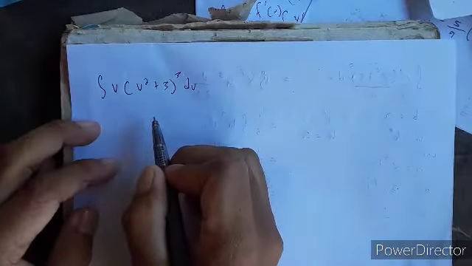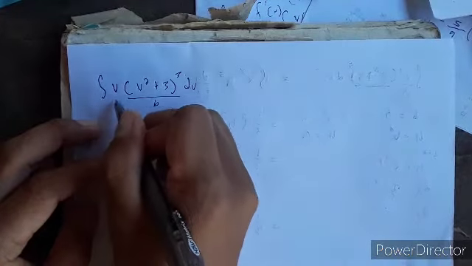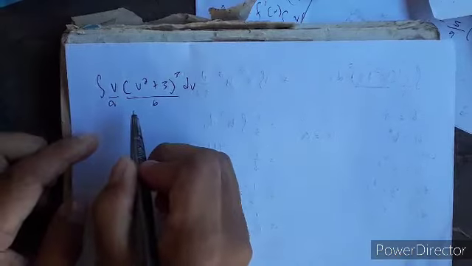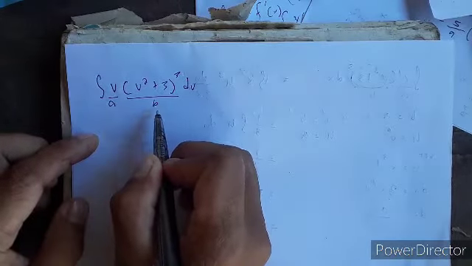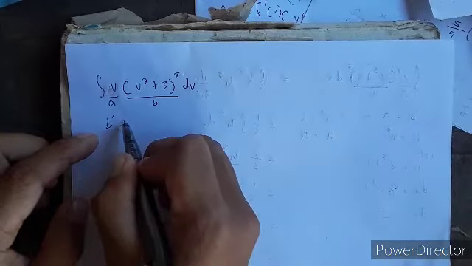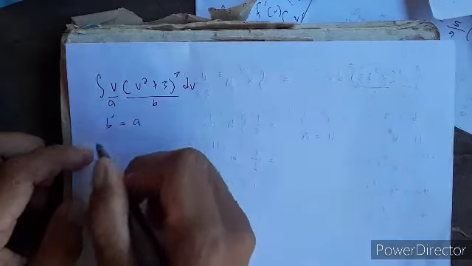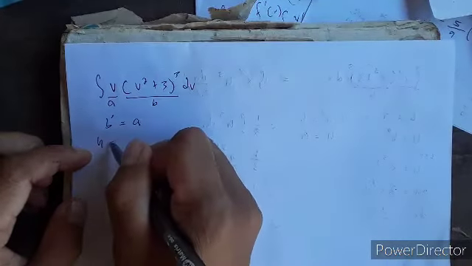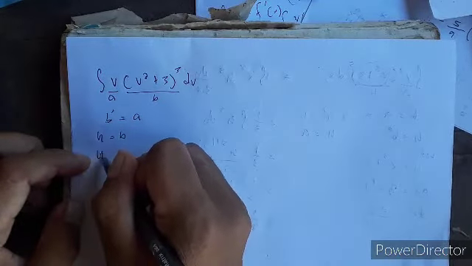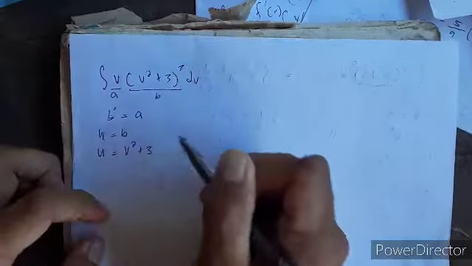As you can see here, if this is our a, and we get the derivative of b, which is b prime, we can say that this is equal to a. Therefore, we can represent our u here as our b.